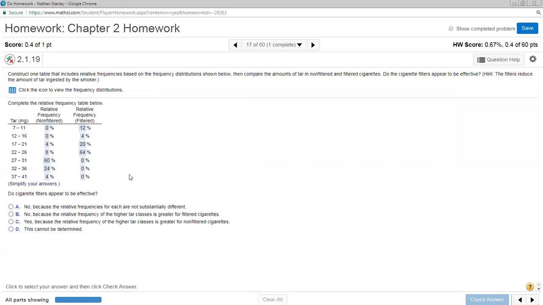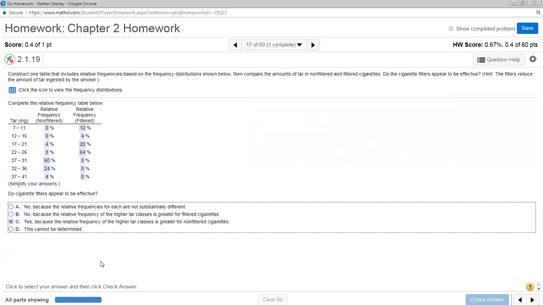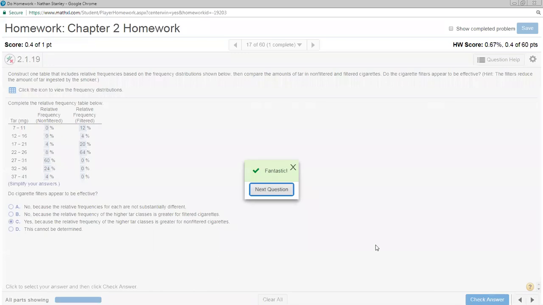Well, it appears that the relative frequency of the higher tar classes is greater for the non-filtered cigarettes. So I would be inclined to say that they are effective. So that is correct. We chose answer C. The relative frequency of higher tar classes is greater for non-filtered cigarettes, indicating that they are effective.